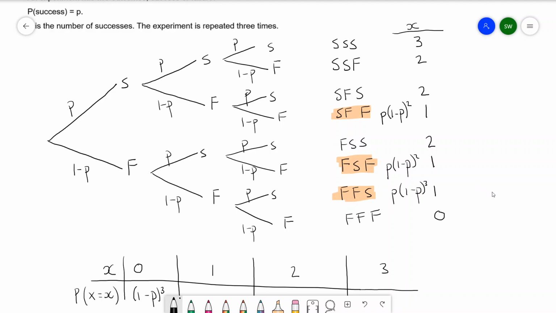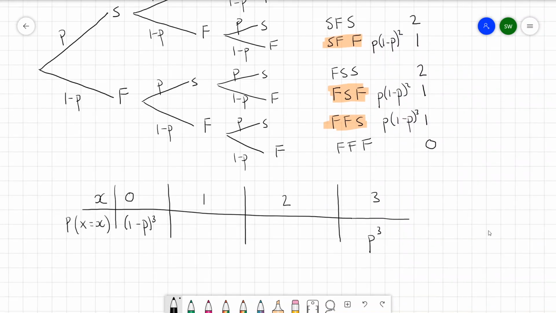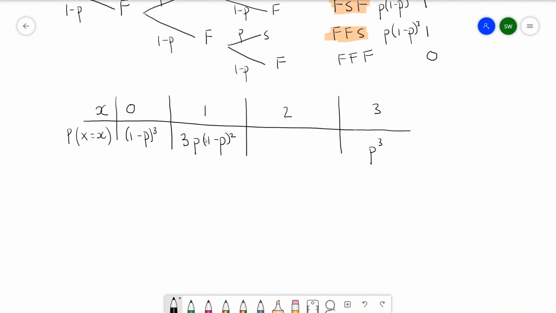So here I'm going to add up each of these probabilities because I want either this event or this event or this event. So that's the same as saying I've got 3 lots of P times 1 minus P squared. So it's fairly easy to see why we have P times 1 minus P squared.